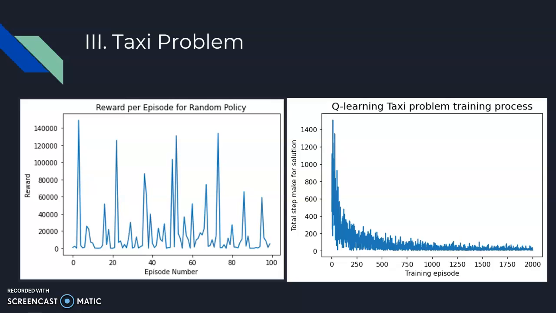The result is that without the reinforcement algorithm, the agent doesn't learn from its past mistakes. So that's why Q-learning is better than the normal algorithm with the random policy.